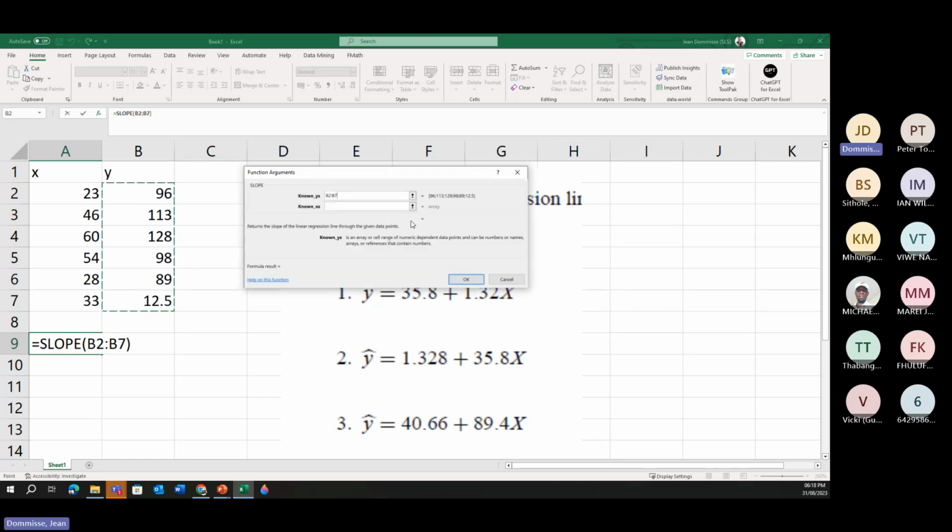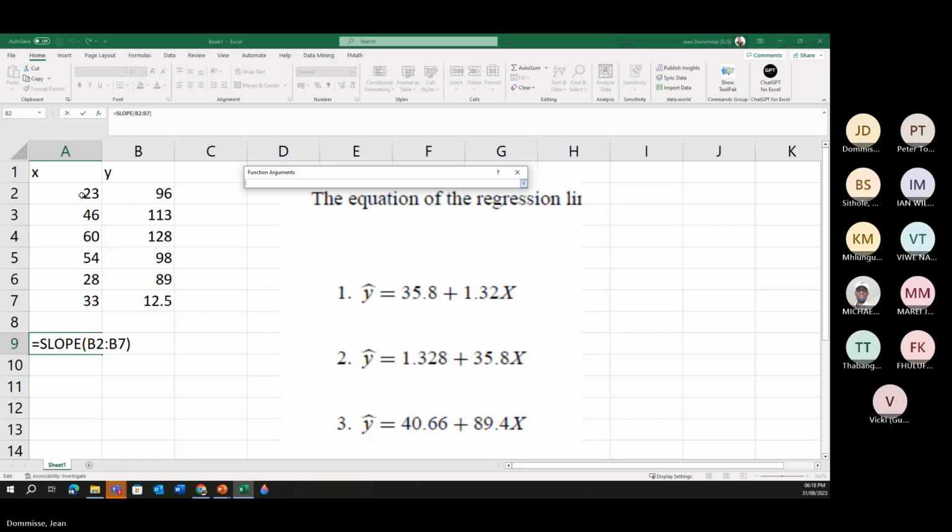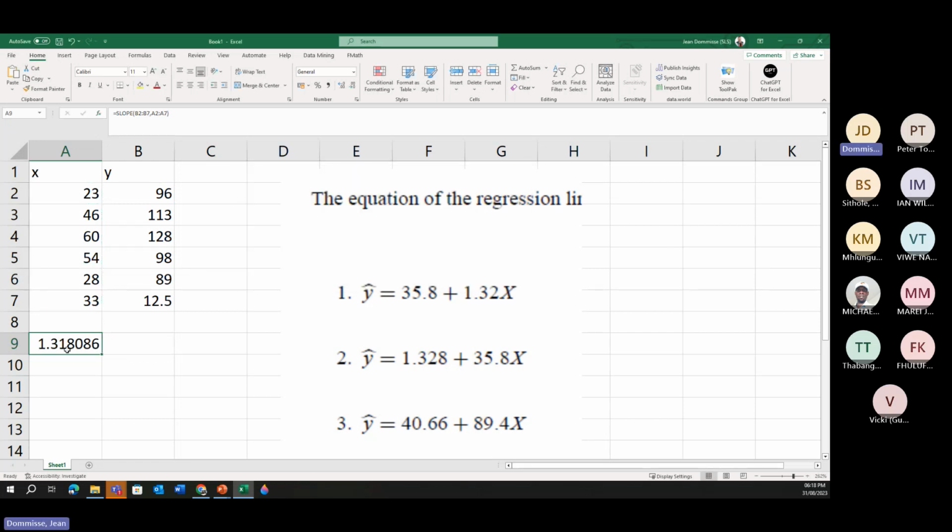So they ask for the y's first and then the x's. Okay, so for the slope, we got 1.32. So 1.32 will be the slope.